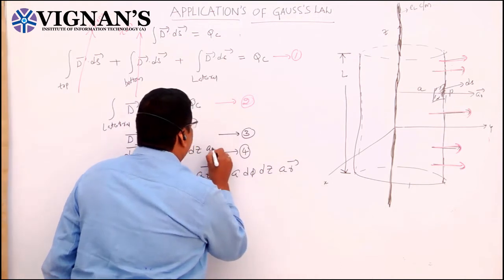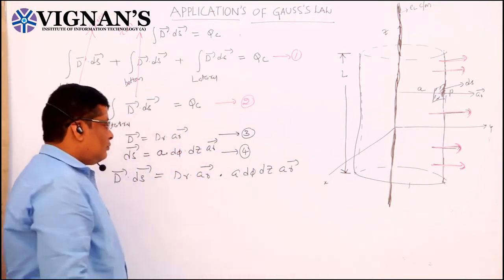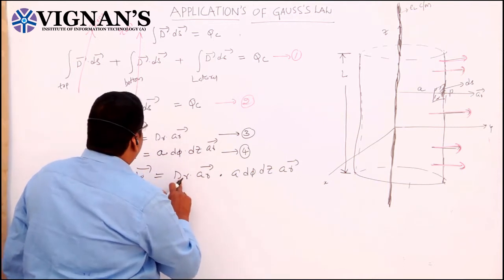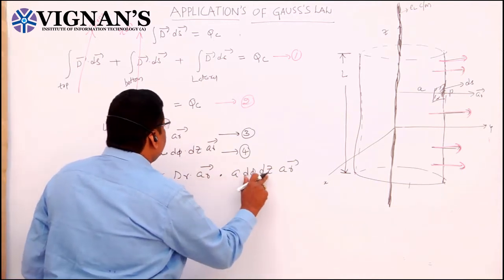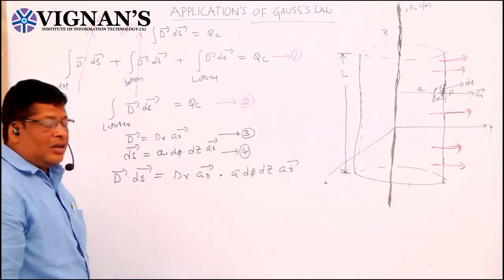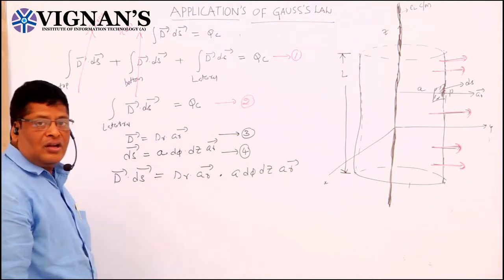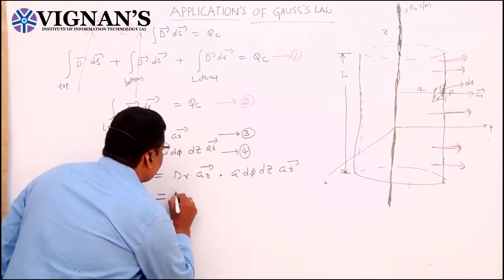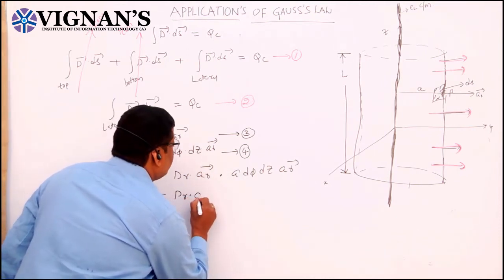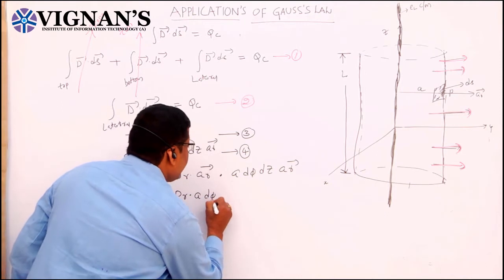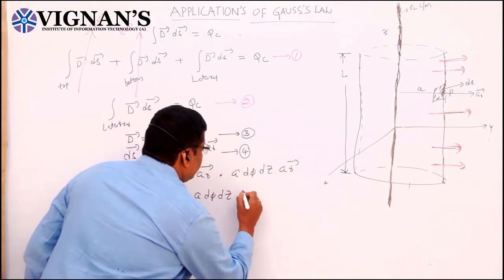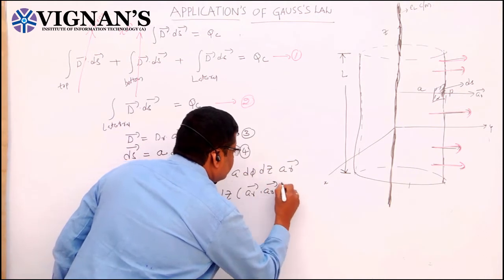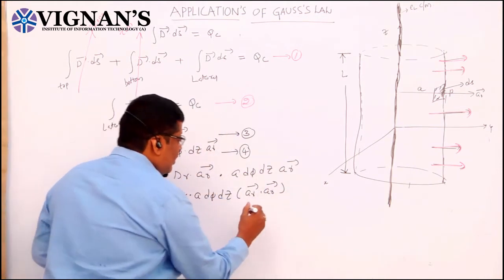Here D_r, a and dz everything is constant. Take outside. Now this is equal to D_r into a into dφ into dz into a_r dot a_r. Now this value becomes 1.